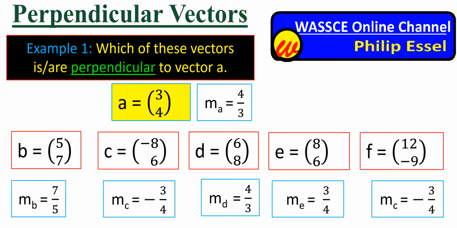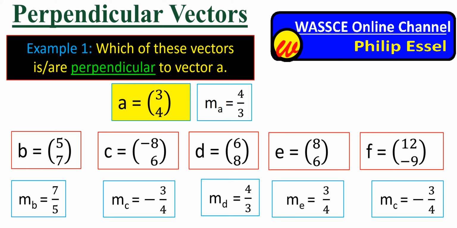We also know that the vector that is perpendicular to the vector A should have a slope that is the negative reciprocal of the slope of the vector A. Vector A's slope is 4 divided by 3.